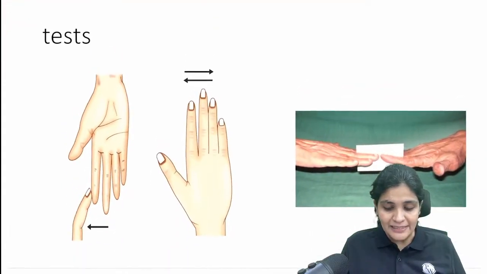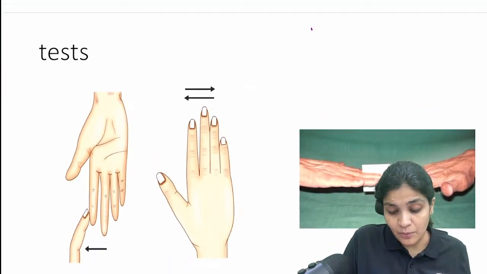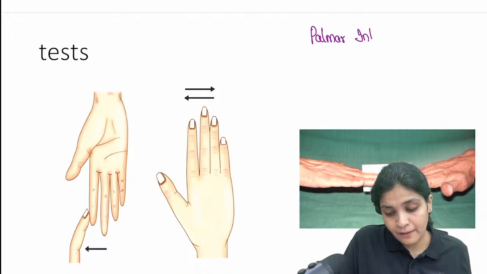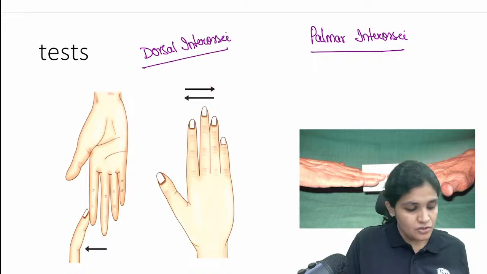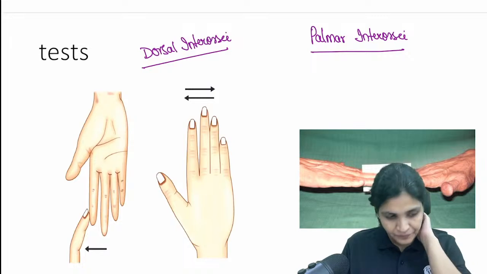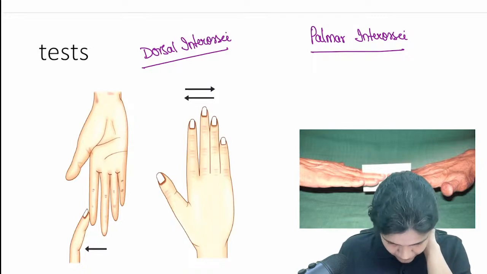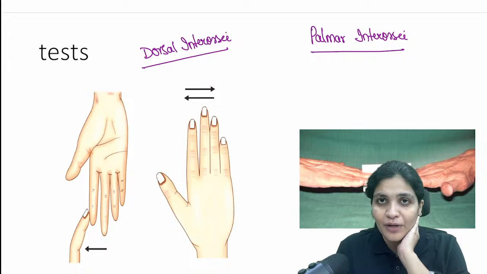And then what are these tests? Now we are doing individual muscle testing. We are testing for the palmar interossei, and then we are doing it for the dorsal interossei. Right? So what is this test called? We have already learnt it. This time I want you to answer correctly.